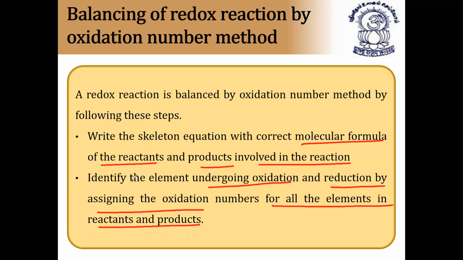Anyway, in redox reactions, we know that one element is undergoing oxidation and another element is undergoing reduction. So in those cases, identify the element undergoing oxidation and reduction by assigning the oxidation numbers for all the elements in the reactants as well as in products.